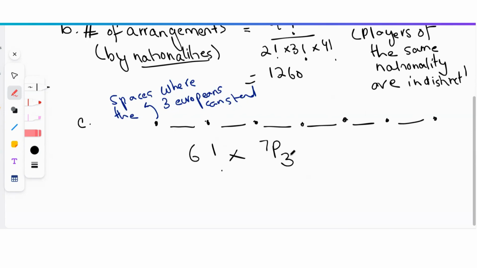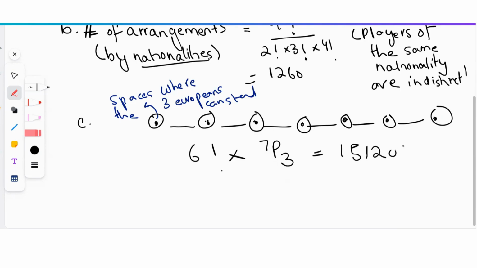Because we're doing selection plus arrangement, we apply nPr rather than just nCr. You can choose any three of these seven spaces, and within those three spaces, you can arrange the three Europeans in three factorial ways. So this is for the selection plus the arrangement of the three Europeans in any three empty spaces. So this turns out to be 151,200.